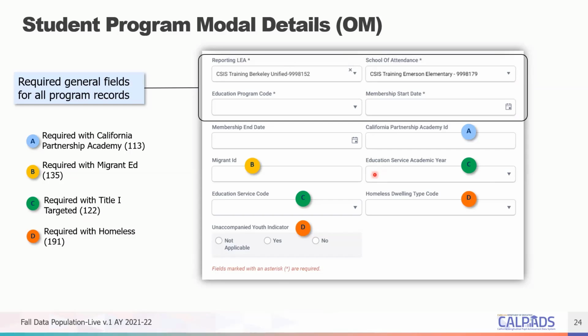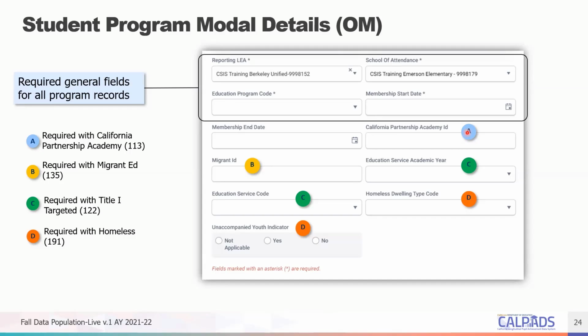This slide identifies what other fields are required for a specific code. So take note of this. You have migrant ID for migrant ed, and California Partnership ID, which is normally reported at end of year. And then Title 1 targeted 122, which is also end of year.